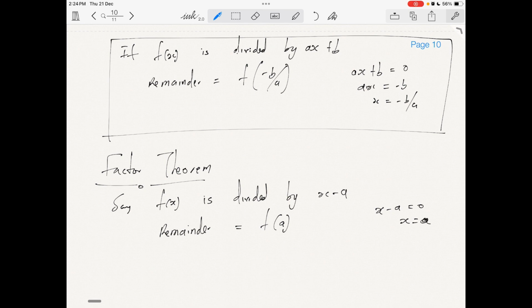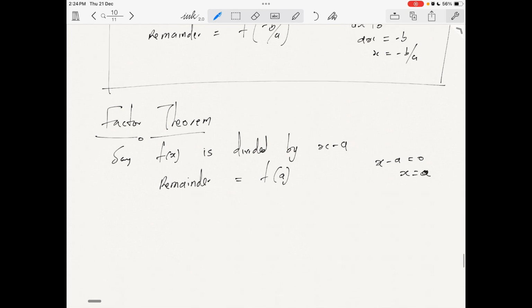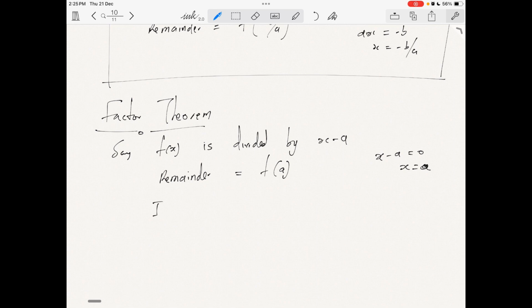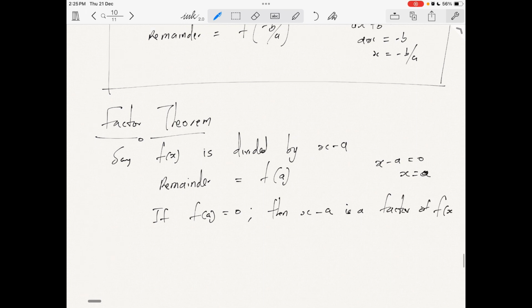And eventually, if our remainder f of a is equal to 0, then x minus a is a factor of f of x.